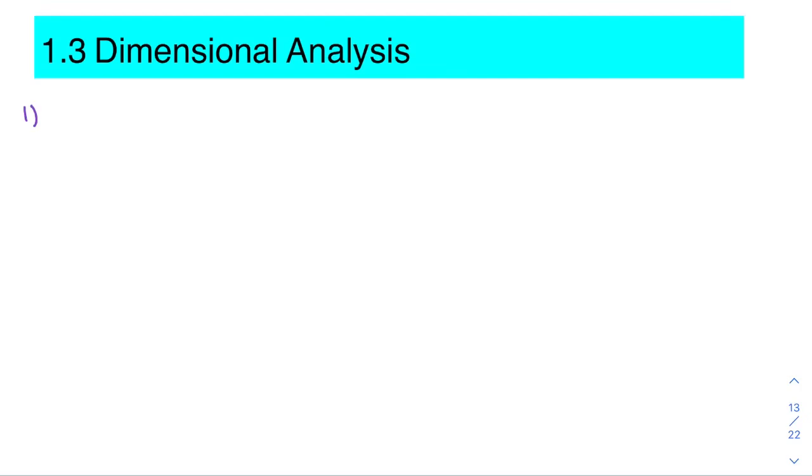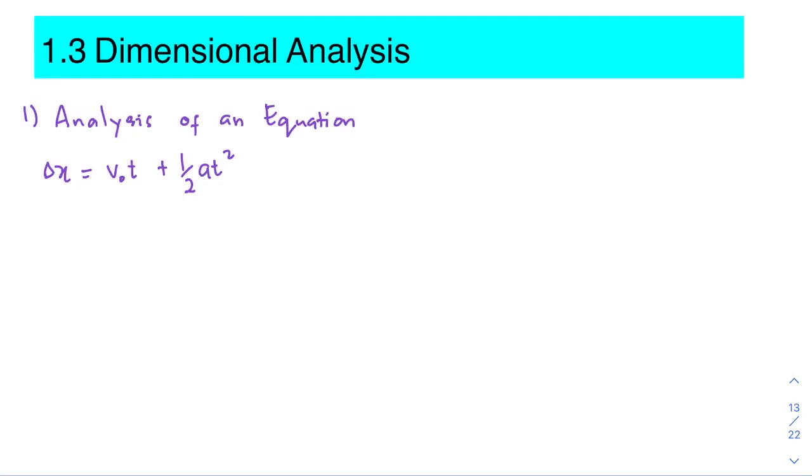The first purpose is to do analysis of an equation. We want to know the units of the equation, for example, the formula that we used from your prior knowledge from primary school: delta x equals v naught t plus half a t squared.